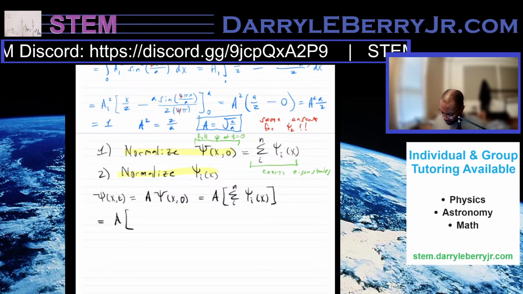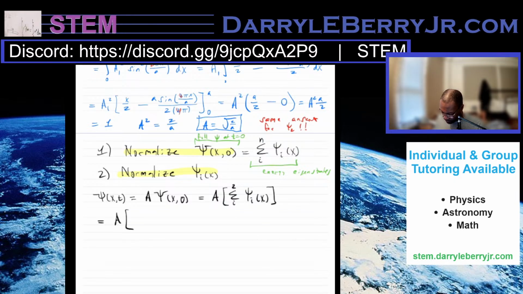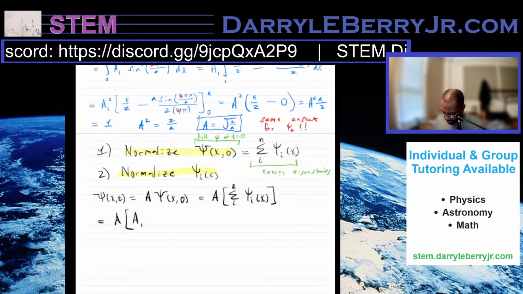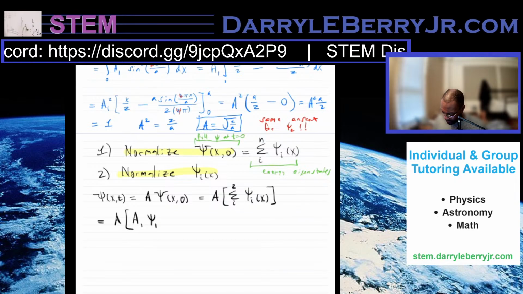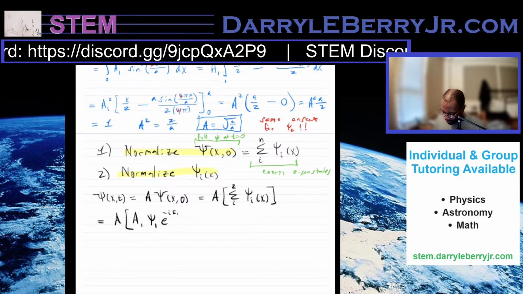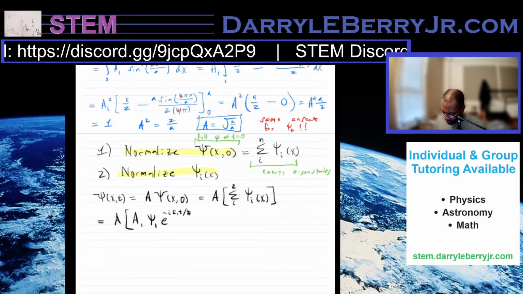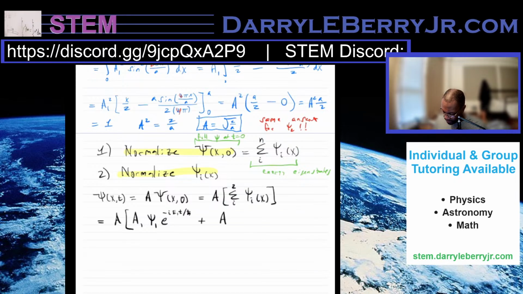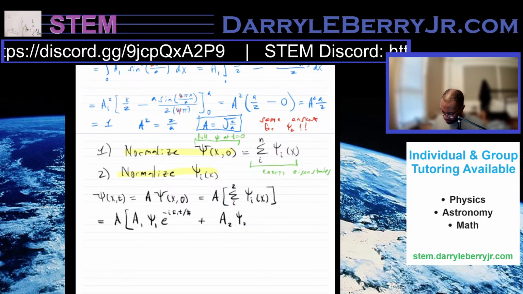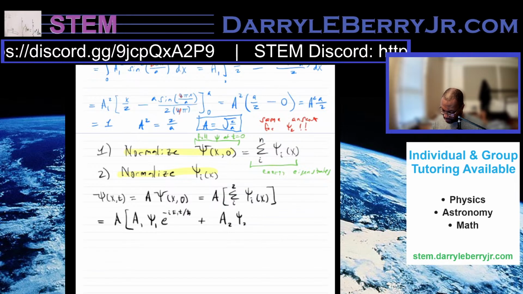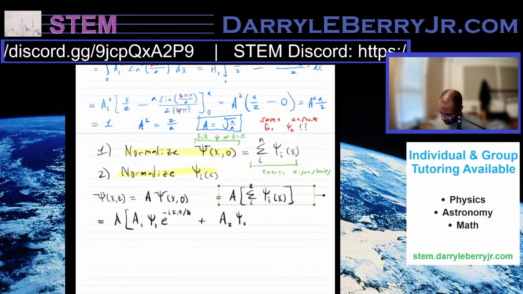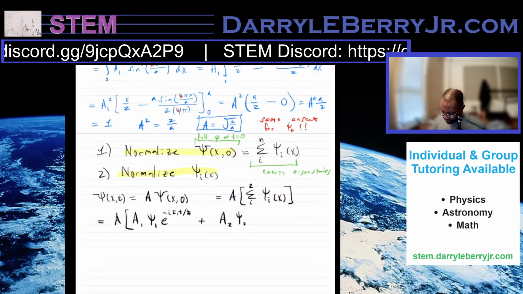In our case, it goes to 2. So it'll be A1 psi 1 e to the negative i E1 t over h bar plus A2 psi 2. And actually, I left off the exponential part in the writing.